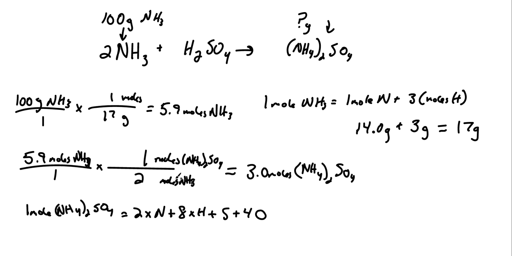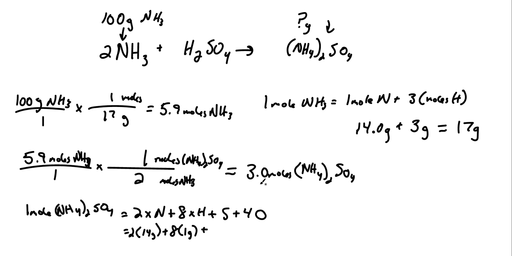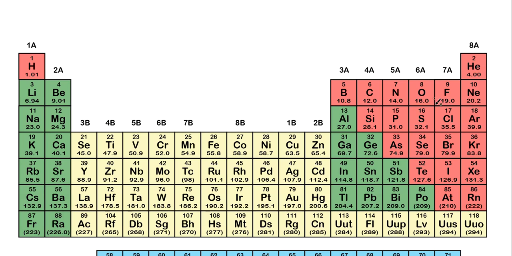So let's see, our nitrogen was 14, so we got 2 times 14 grams plus 8 times 1 gram plus, let's look at our sulfur. Sulfur in our periodic table, 32.1 grams, plus 4 times, let's look at our oxygen, I believe it is 16 grams oxygen.